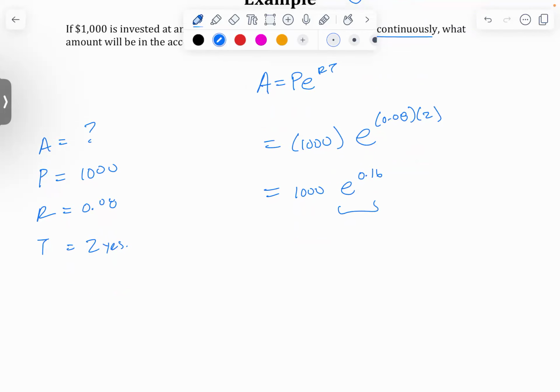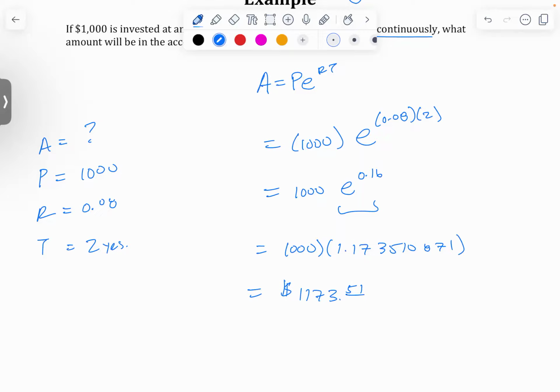Then do this calculation. And then that gives us $1,173.51.